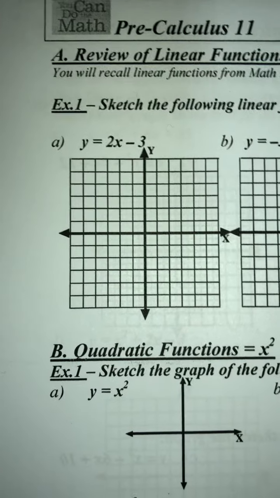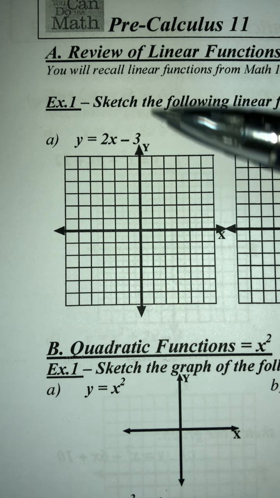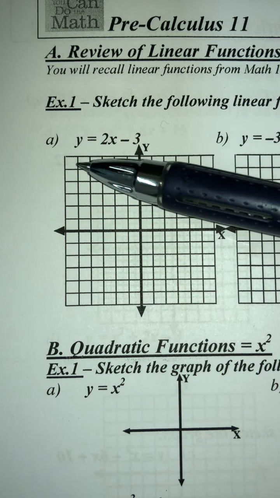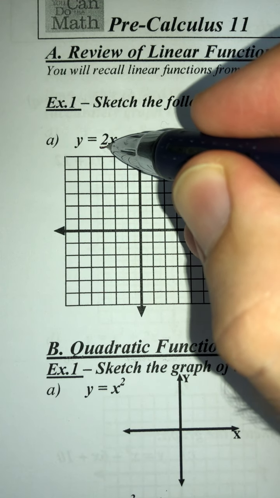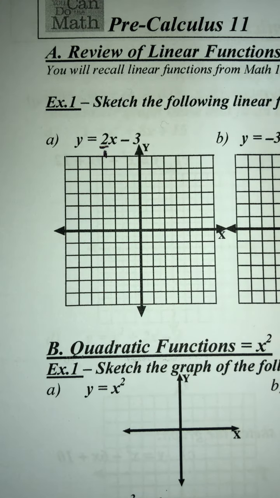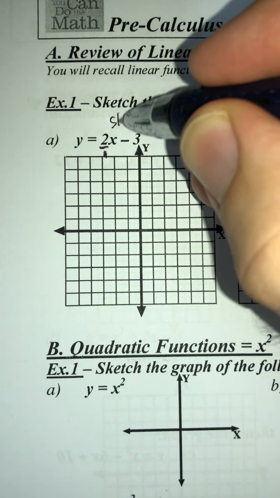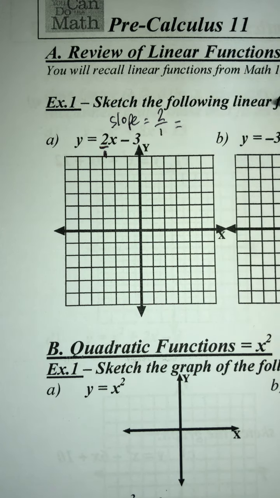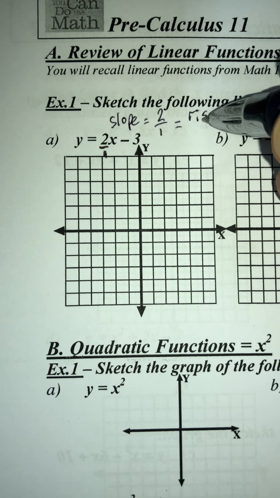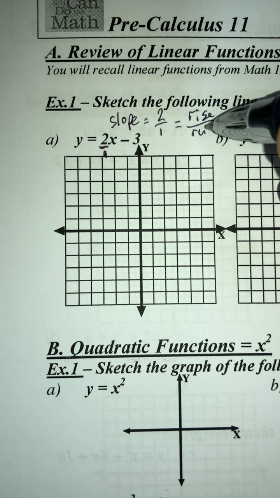So I'm going to go through this really quick, since you should have learned this already. So here's our expression, y equals 2x minus 3. I can think of the slope as 2 over 1, which is also equal to rise over run.